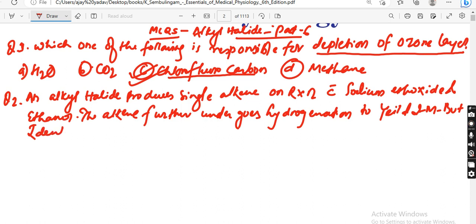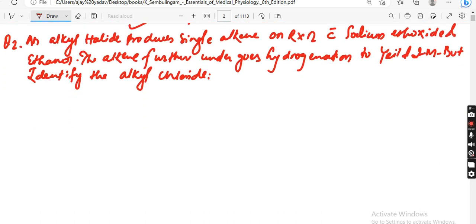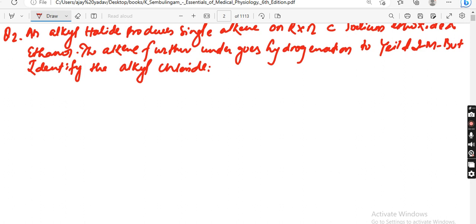Now identify the alkyl chloride amongst the following. Suppose there is RX, suppose this is A, which on reaction with sodium ethoxide in the presence of ethanol produces an alkene.